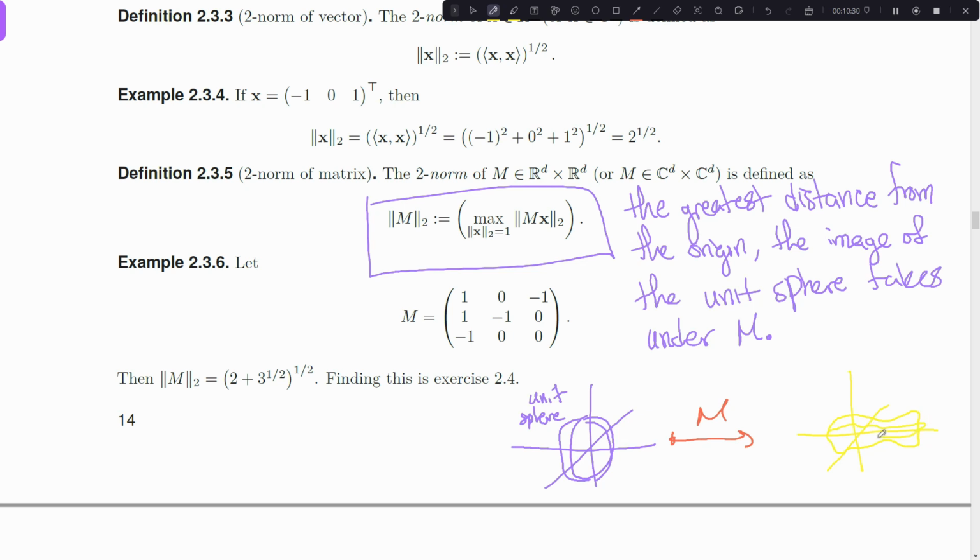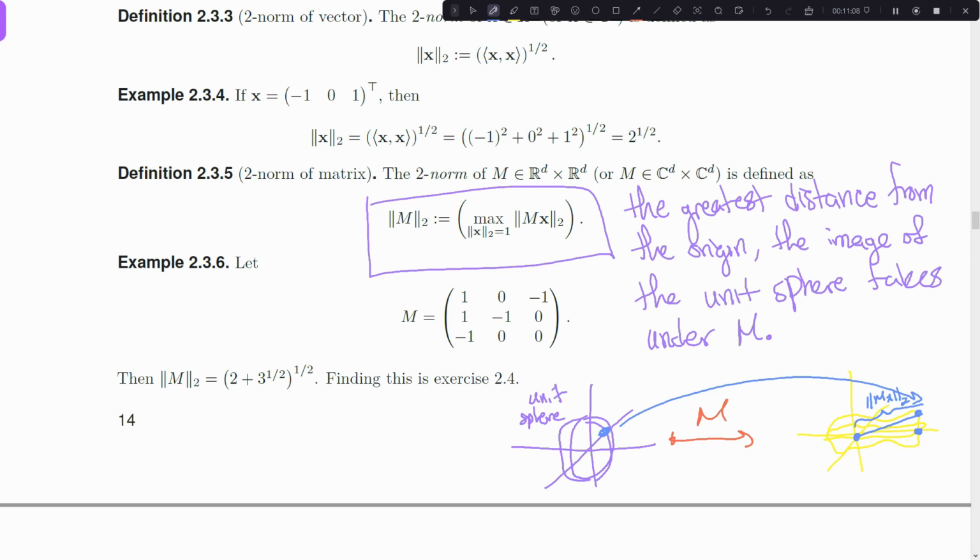That's what M does to the unit sphere. And you'll notice that there's one particular place, probably right up here, where that distance got mapped from somewhere on the unit sphere. Whatever that distance is, that's the 2 norm of M.